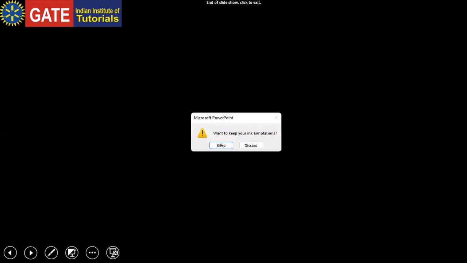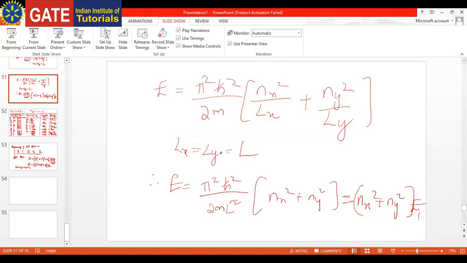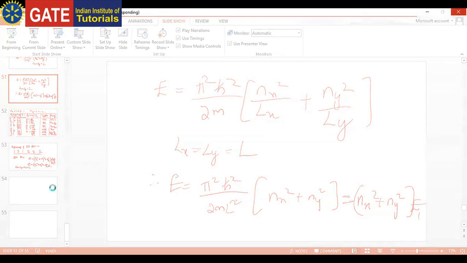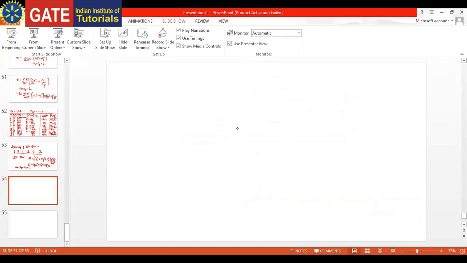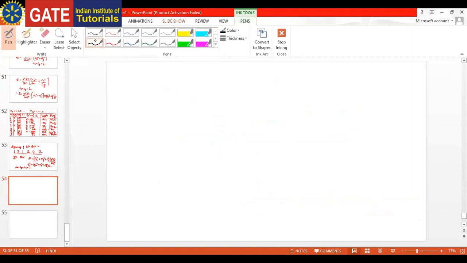For the degeneracy of the 3D box, how many values should we find? At least try to obtain values for nx plus ny plus nz equal to 3, 4, and 5.